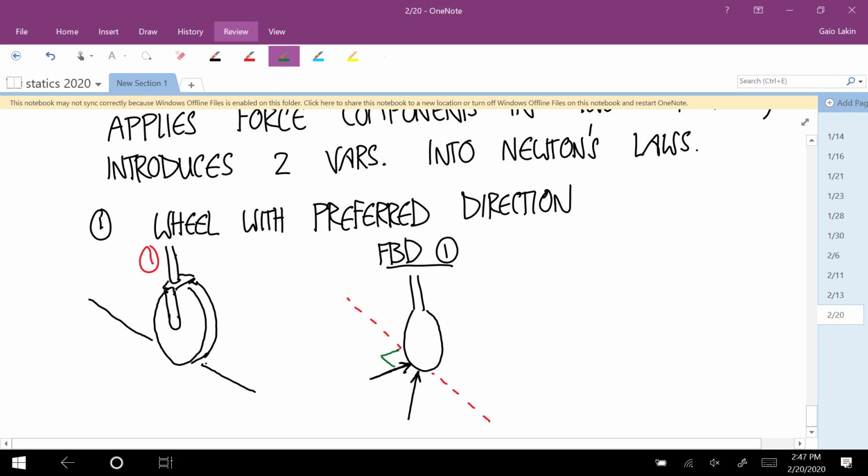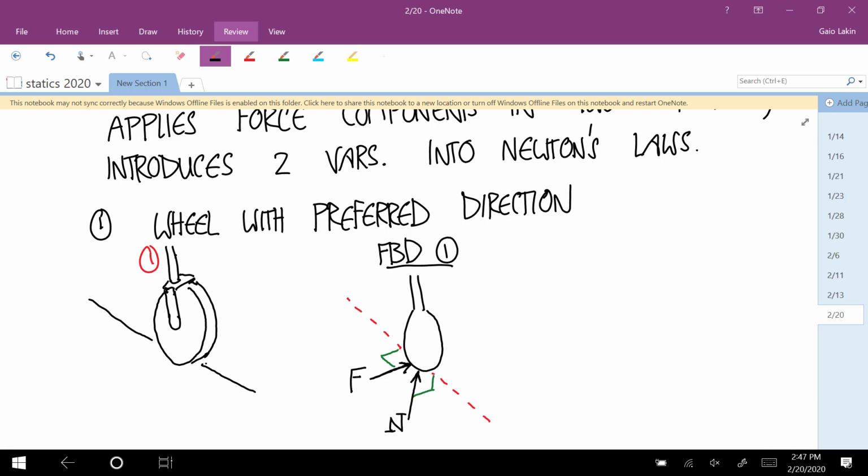So this is perpendicular, and this is perpendicular. So one of these is a normal force, and then this other one is like a friction force, or it could be on a rail or something if it's like a train.